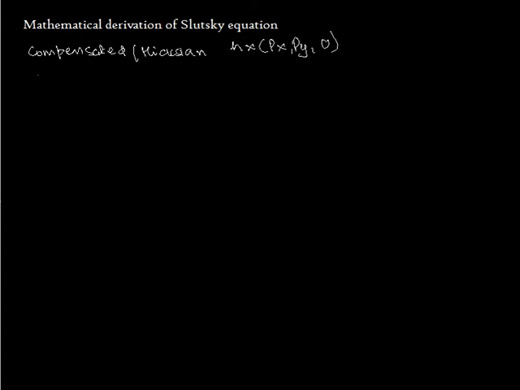Now an ordinary demand curve is dx, Px, Py and U. Okay. Now if you want to achieve a given level of utility, what is the minimum expenditure which you need to make?